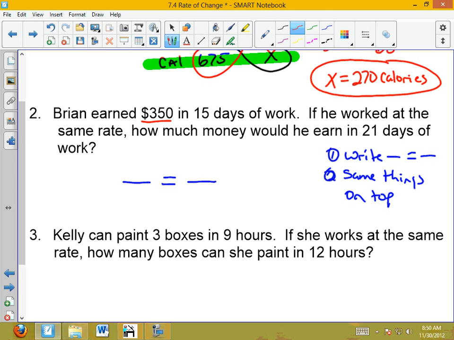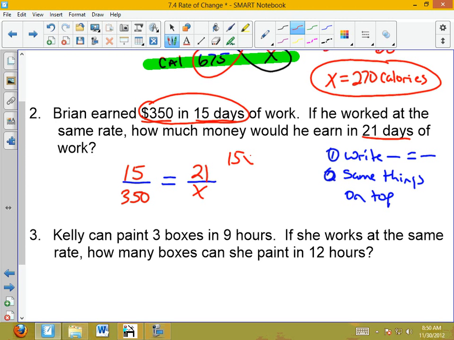So what are we talking about here? Brian earned $350 in 15 days. If he worked at the same rate, how much money would he earn in 21 days? We're talking about days and money. So it doesn't matter. I'm going to put days on top. So we have 15, 21, which means I'm going to put money on bottom. 15 and 350 go together, and X goes here.